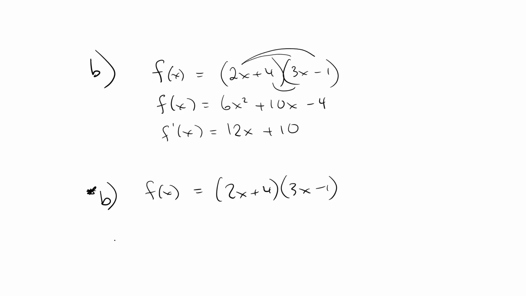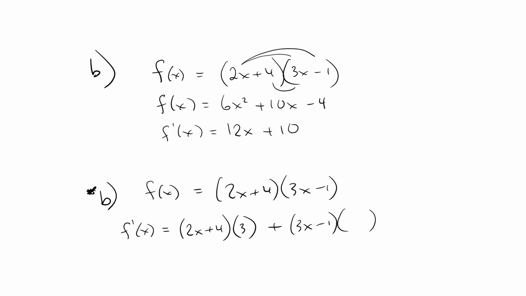Okay, so now let's take the derivative based upon our product rule and we'll see if we get the same thing. Now these are easy problems, that's why. According to our product rule, we keep the first function exactly the same, no change. We take the derivative of the second function. What is the derivative of 3x minus 1? Just 3. Okay, plus sign goes in. Then we put the second function down.